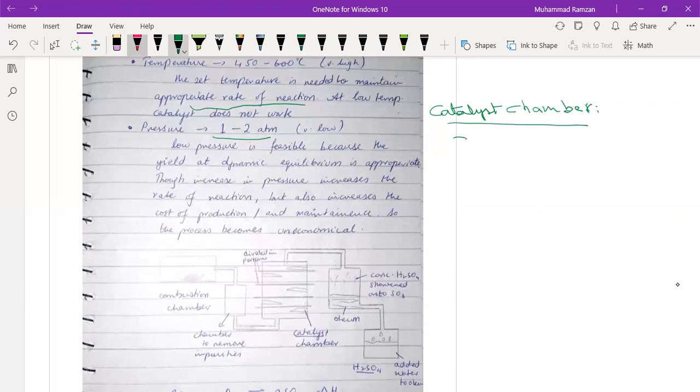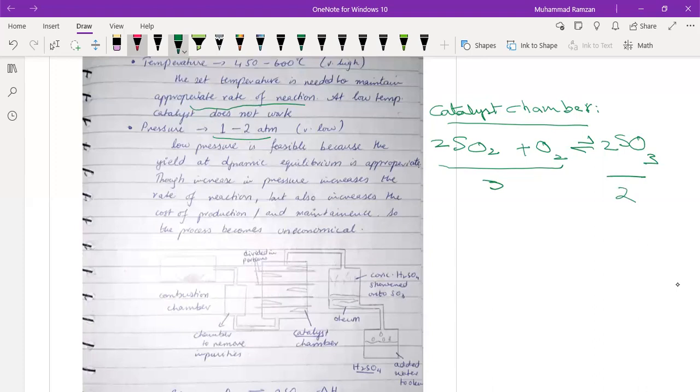This is sulfur dioxide and O2 from air forced into the catalyst chamber and you get SO3. If you balance this, you put 2 and 2. Number of moles on the reactant side are 3. On the product side, this is 2.